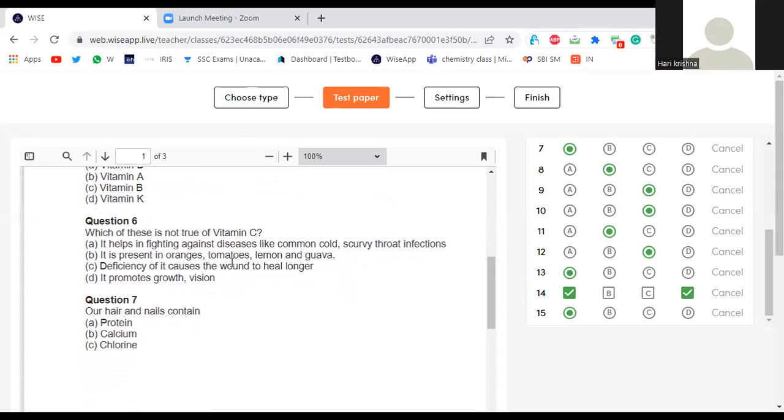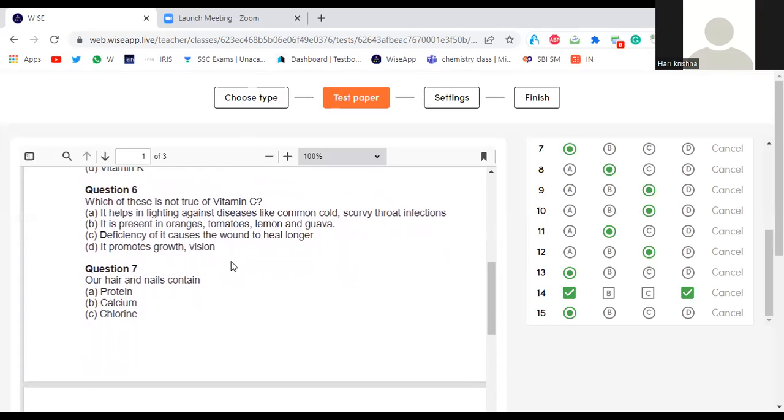Which of these is not true of vitamin C? Vitamin C deficiency will cause scurvy. It is present in oranges, tomatoes, and guava also. Deficiency of it causes wounds to heal slowly. It promotes growth and vision. Option D is wrong, right?